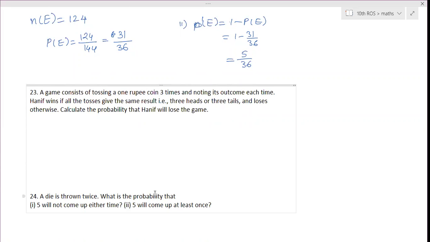First, we note down the outcomes. How many are there? 8. Let her complete. Yes, ma'am, 8 outcomes. What are those? Tail, tail, tail. I told you the method, remember that way.